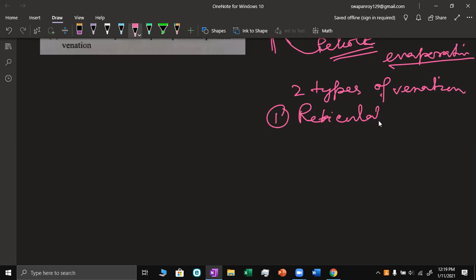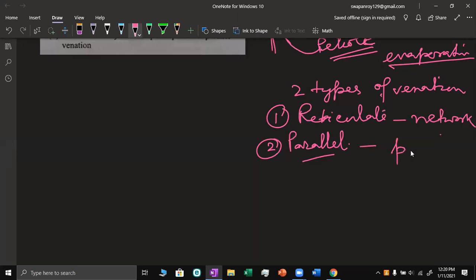One is reticulate, that is network, and number two is parallel. This is parallel venation, meaning running more or less parallel, not exactly parallel, but here there is no network. If not network, then it is parallel.